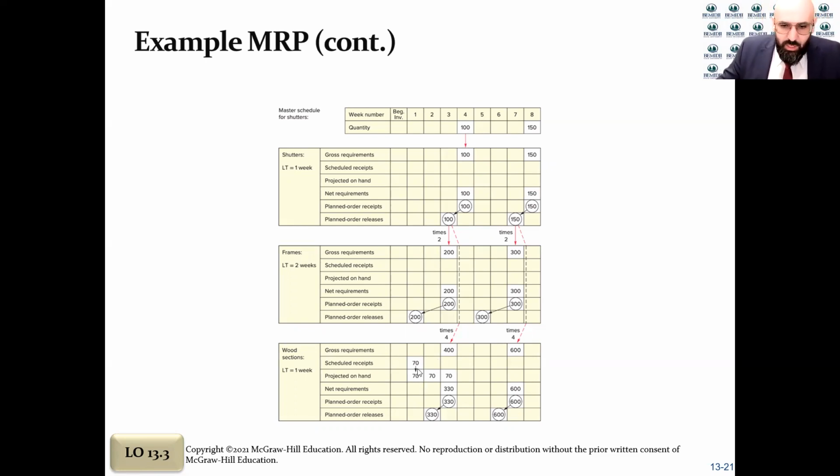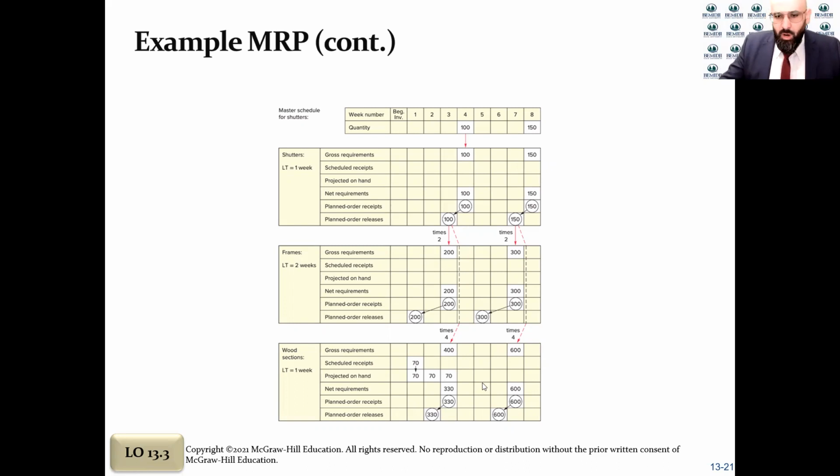So we will receive 70 units on week 1, and we're not going to use them until week 3. On week 3, we need the 330 and the 70 to meet the demand of 400. The 330 would be the net requirement. So we have to ask the manufacturer to work on manufacturing these on week 2, and therefore, these will be available on week 3.